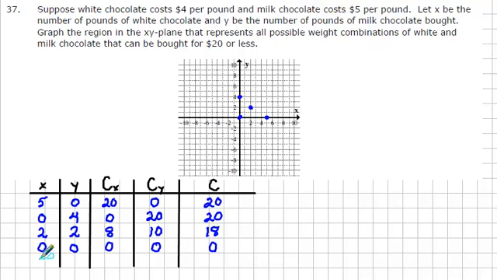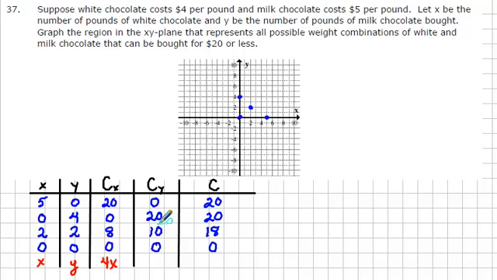Alright, let's say that we have x pounds of white chocolate, y pounds of milk chocolate. What will be the cost of the white chocolate? Well, the white chocolate costs $4 per pound, so we need to multiply the number of pounds by 4, and when we multiply 4 by x, we get 4x.